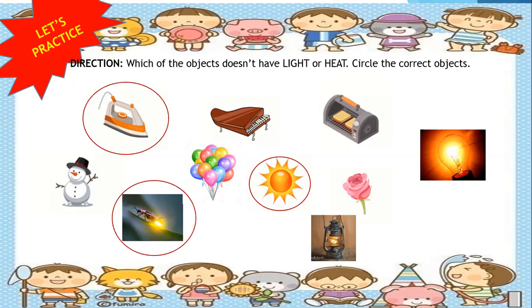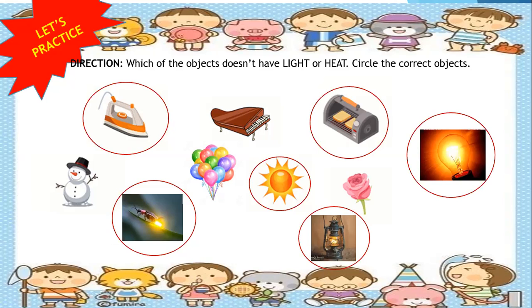It is an important natural source of heat. Next one, a gas lantern. It has an artificial light. Next one, an oven. Yes, it has heat. Last one, a bulb. It has an artificial light.